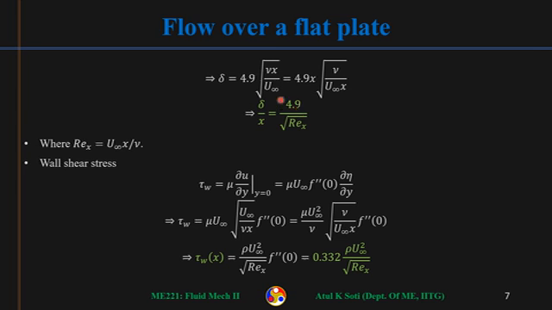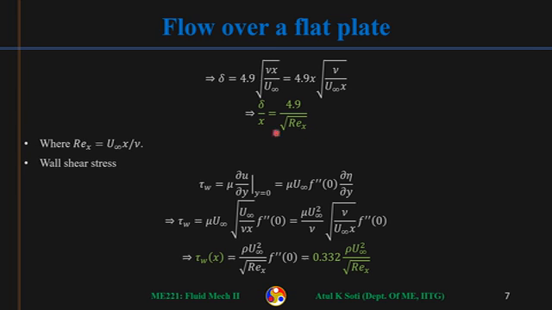So in the beginning we had seen that delta by x was of the order of 1 over square root of Re_x, that we had derived using some logic by saying that inside boundary layers inertia and viscous forces are of the same order of magnitude, or looking from the Stokes first problem.